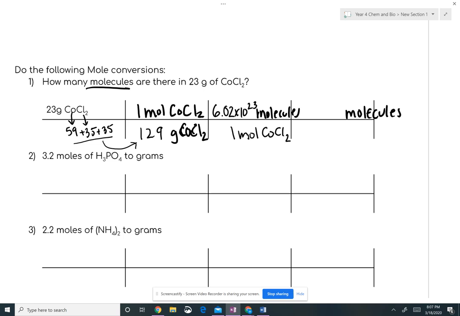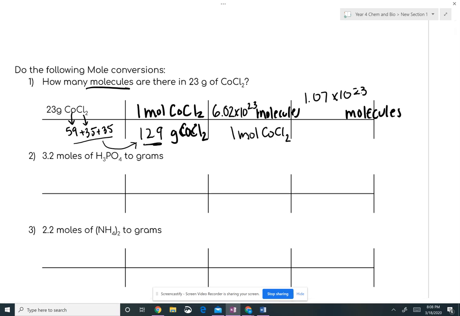And then I'm going to take my answer and divide it by 129. And then I should get 1.07 times 10 to the 23rd power. Most common mistake that people make is that they just multiply the 23 times the 6.022 and they forget to divide by the 129. So don't forget to divide by the 129 or else you won't get the right answer.